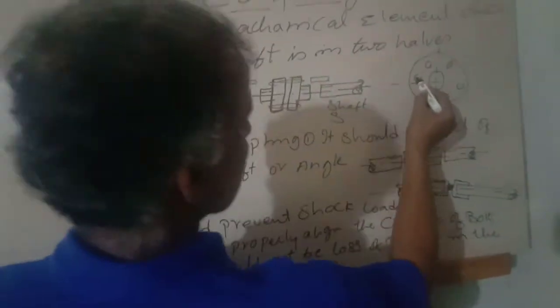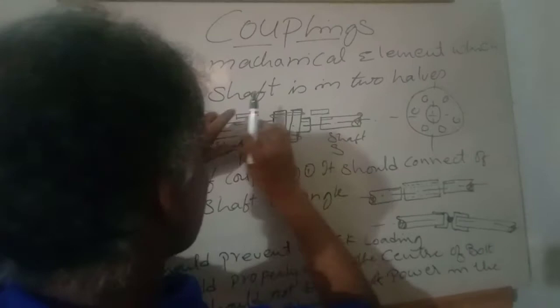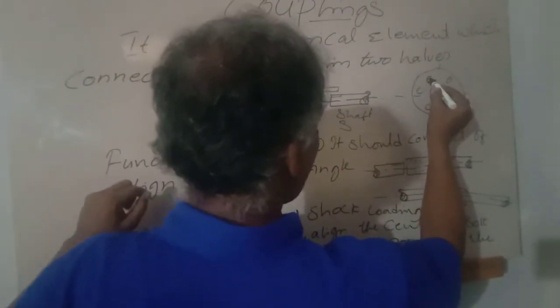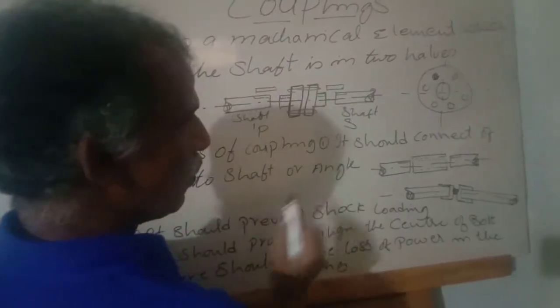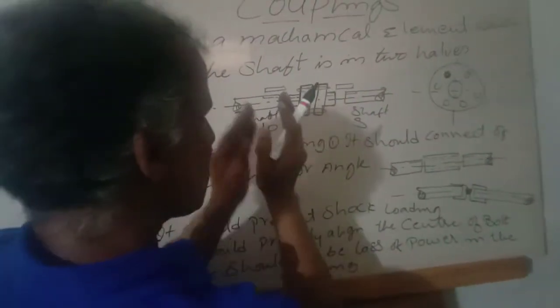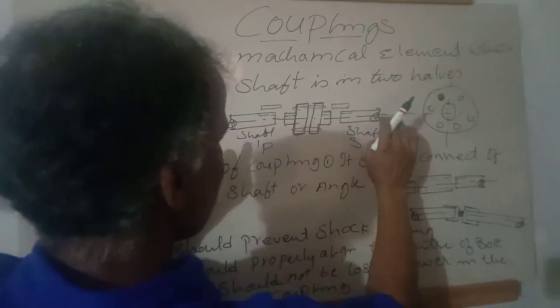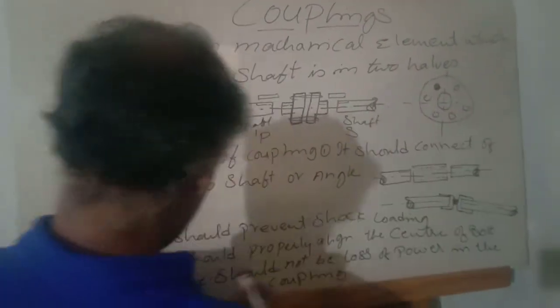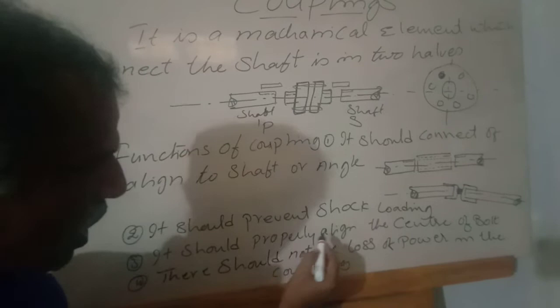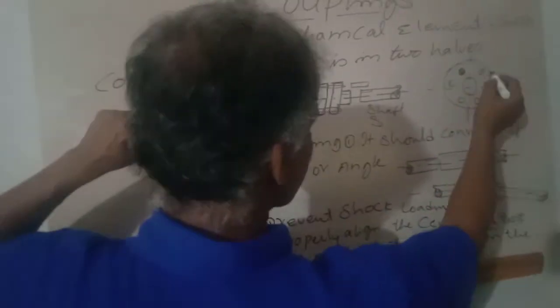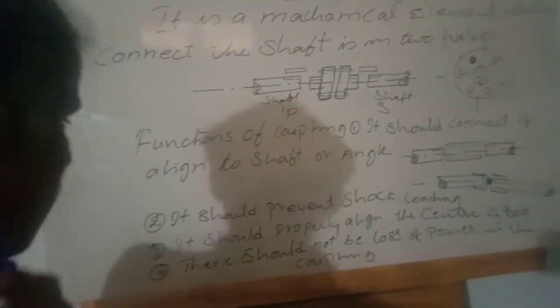It should also properly align the center of the bolts. The bolt in this hole is a clearance bolt. When there is clearance, the shaft may go a little up and down and will not be aligned. So it should properly align the center of the bolts, and the bolts should be tight.